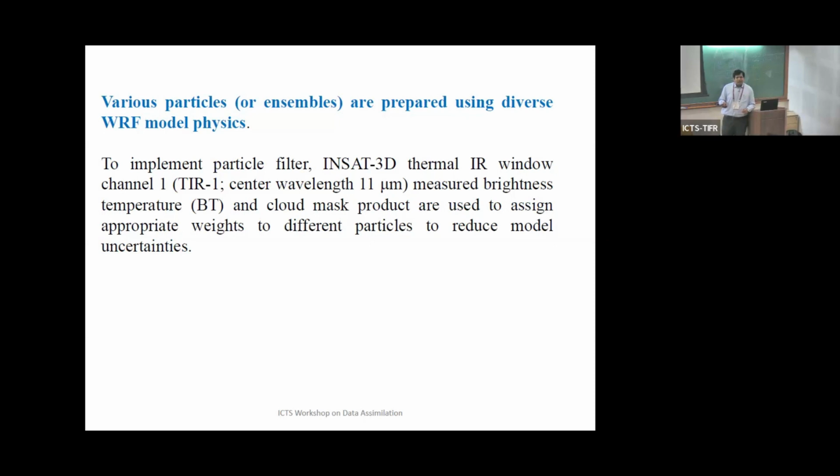Then, because we assimilated the all-sky condition, whether the model is able to predict the cloud correctly or not is also one major condition. So I put two conditions mainly here. One is the quality of my simulated brightness temperature against the measured brightness temperature. Another is how good my cloud prediction is.